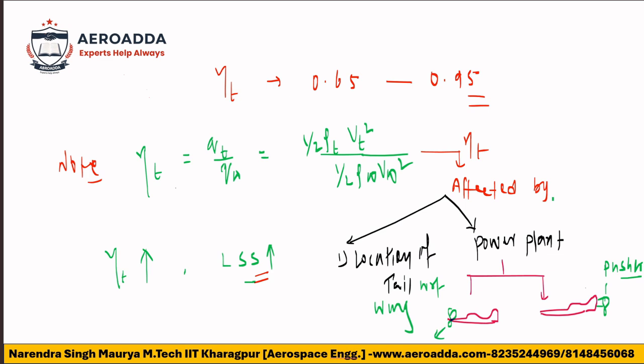Now, as we have seen, this is one factor, the tail efficiency. The second very important factor that I also told you is VH. If you see how this VH affects the LSS, VH is basically ST into LT divided by S into C. Correct? You all know very well that LT is nothing but the arm length.